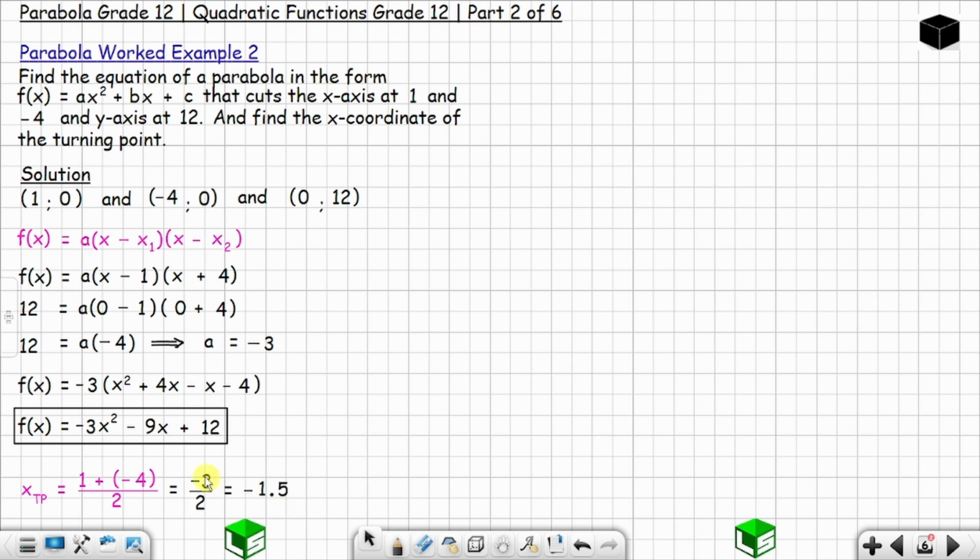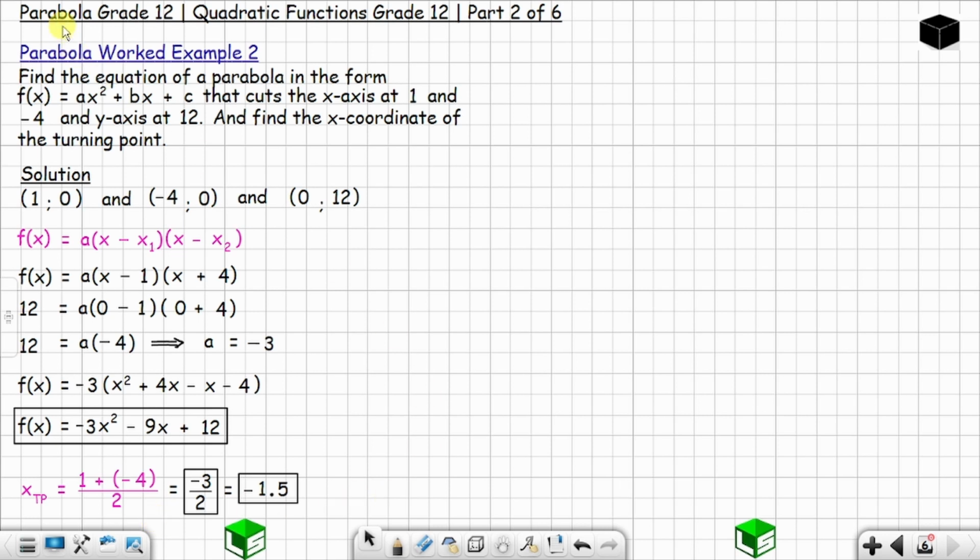So you have it as a fraction or as a decimal. You can use this formula to find the x coordinate of the turning point, or you can use the formula x is equal to negative b over 2a, the one extracted from the quadratic formula. Or you can use calculus. You take the first derivative of this, you equate it to 0, and you solve for x. So you have three options. I have used this one.